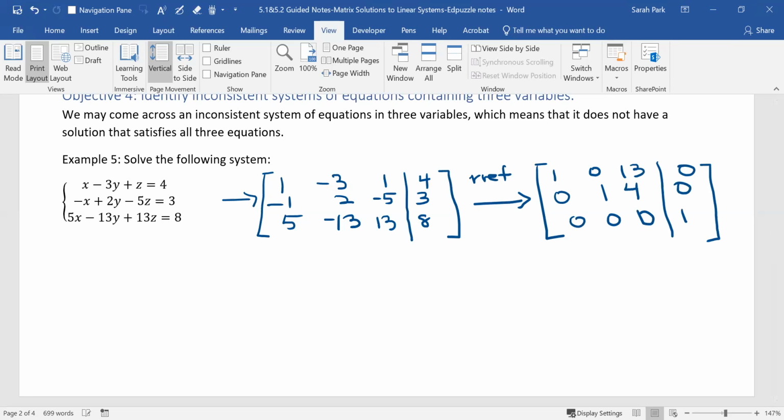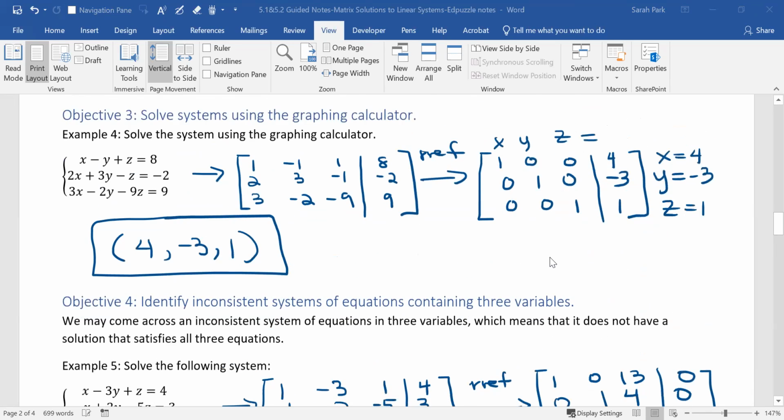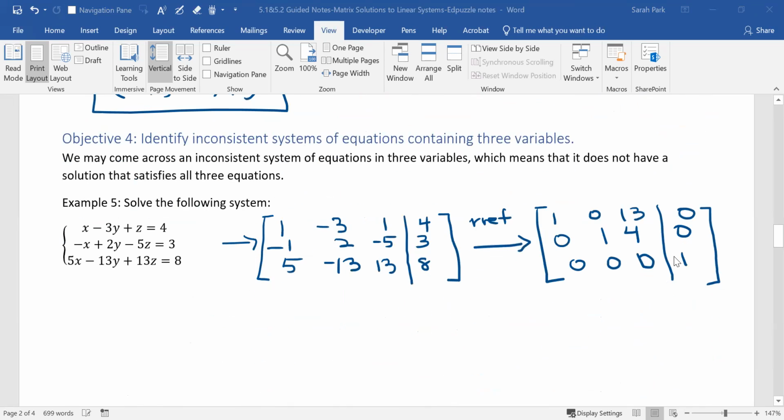Okay, so what do you notice that's different from this matrix compared to the previous one? You may notice the previous matrix had 1s all in this diagonal with 0s in the other spaces. This is different. If you look at the last row, what this last row tells us is that 0 is equal to 1.